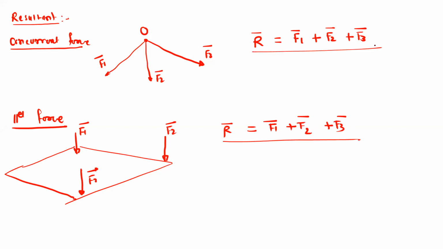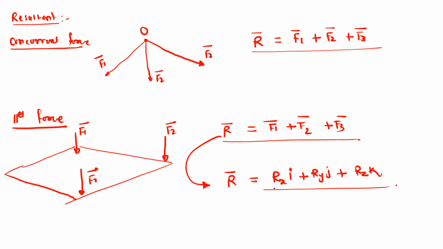This is the formula to get the value of the resultant. And for the vector representation of this resultant, after calculation you will get the answer in this format: R bar is equal to Rx i plus Ry j plus Rz k. So Rx is the x component of the resultant, Ry is the y component, and Rz is the z component of the resultant.